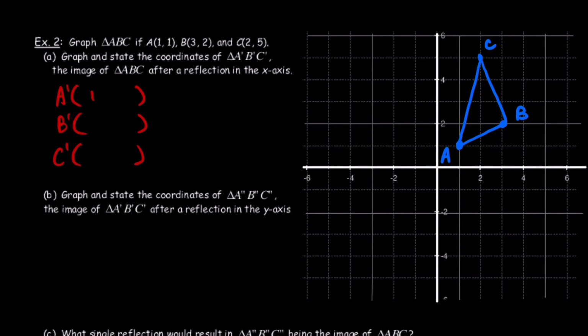Negate the y. So this is 1, negative 1, 3, negative 2, and 2, negative 5. Sorry, 2, negative 5. And let's plot those points. A prime is 1, negative 1. So there's A prime. B prime is 3, negative 2. There's B prime. C prime is 2, negative 5.